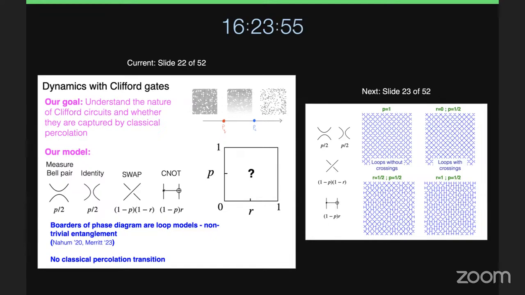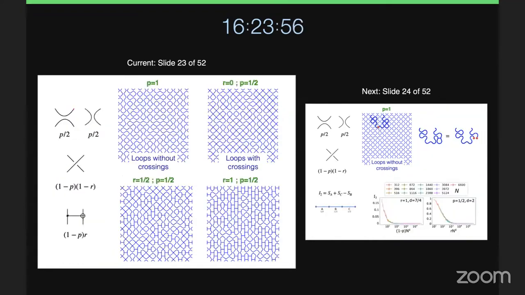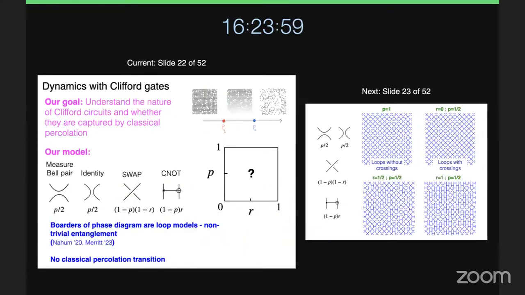So we look at CNOT gates, swap gates, identity gates, which is basically not doing anything, and measurements. But for the measurements, we're going to use measurements in Bell pairs instead of measurements on single qubits. Still a local measurement, but it's a little bit different. And then the parameters that control the model are p, which is basically the density of these measurements on Bell pairs and identities.